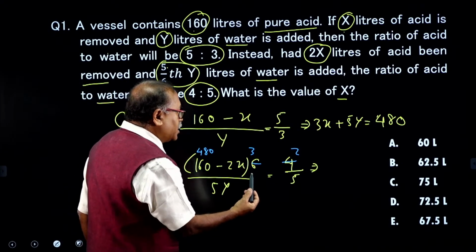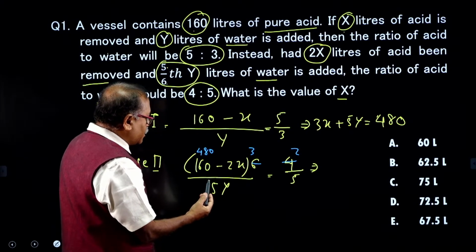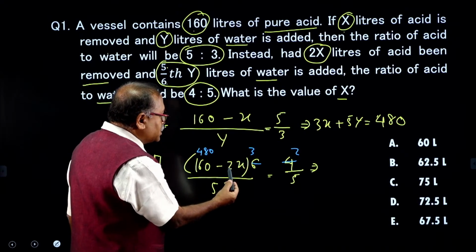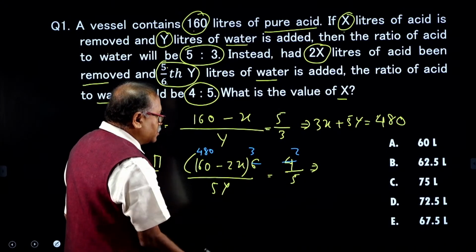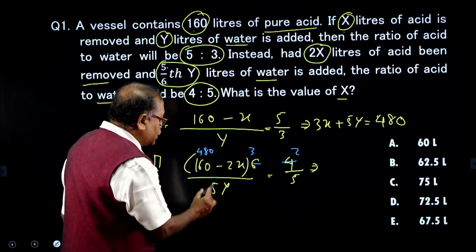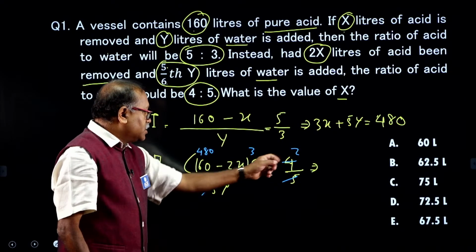So, finally, I get this 6x, and here it is a 2, this 5 gets cancelled over here, and you can see that 2y.